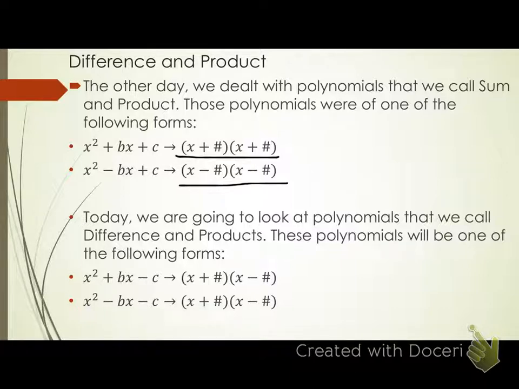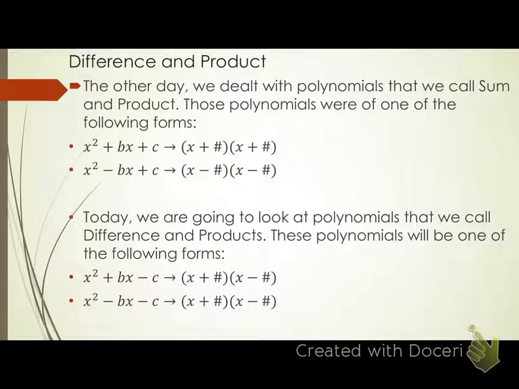Today we're going to look at polynomials that we call difference in products. So we call them difference in products because that second sign is a subtraction sign, and then they turn into multiplication when we factor. So these polynomials will be one of the following forms. They will either be x squared plus bx minus c, or x squared minus bx minus c.